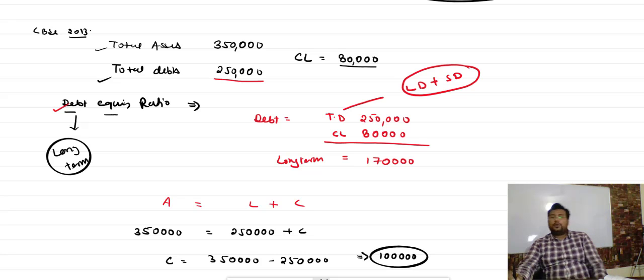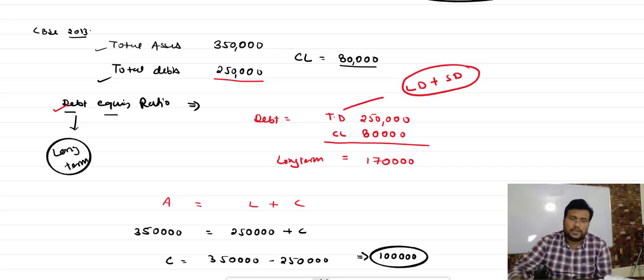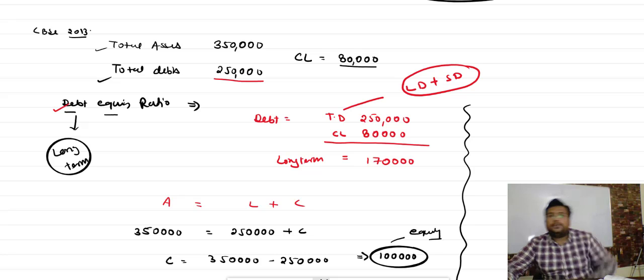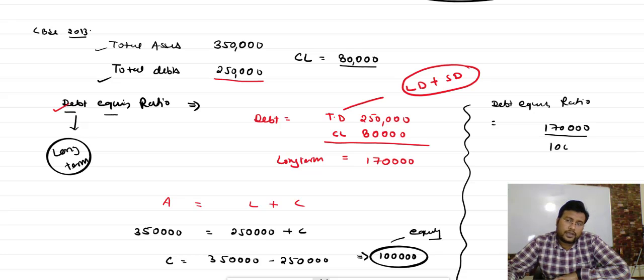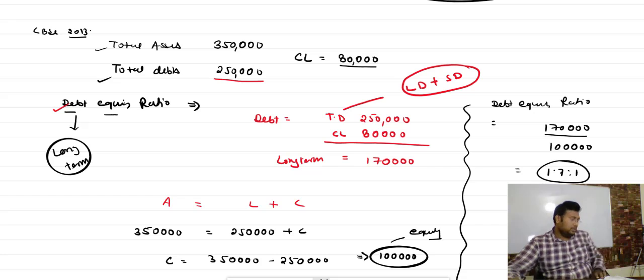Now we have the equity also. So our debt equity ratio will be debt, 1,70,000, divided by equity, 1 lakh, is equal to 1.7:1, and this is our answer.